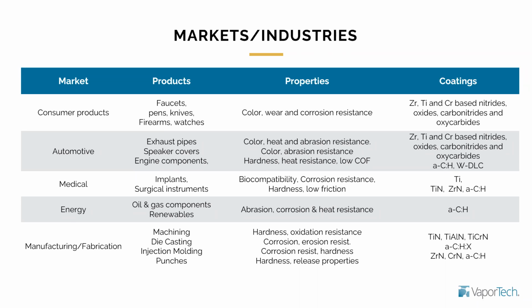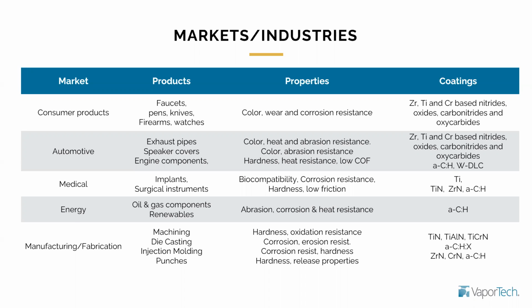But that doesn't mean that your application, if you're going to venture into using coatings or you are someone that uses coatings, is not completely tailored for your application. You really have to see the environment.